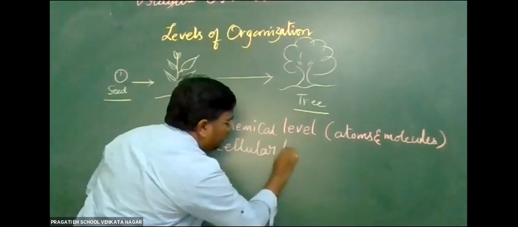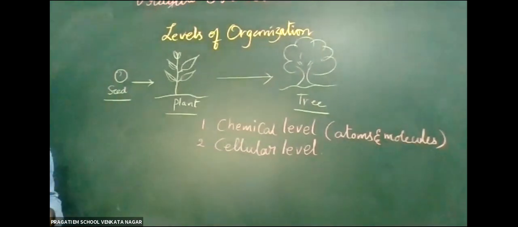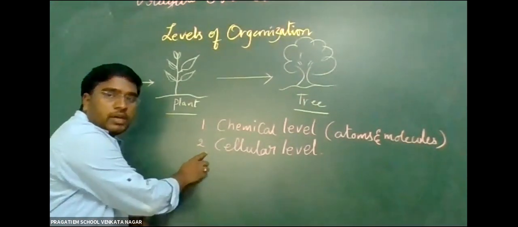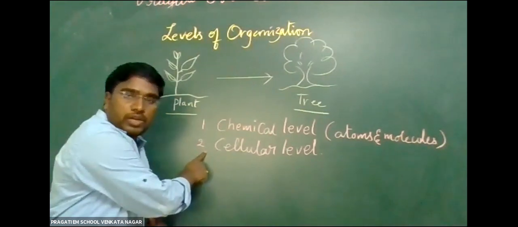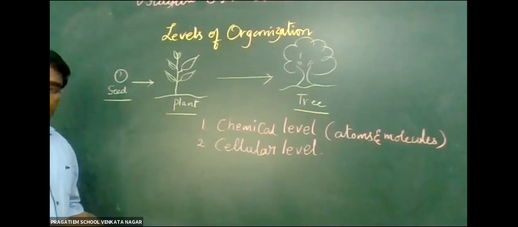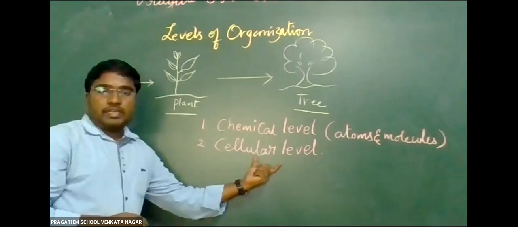The second step, which we discussed, is the cellular level. The second level of organization is the cellular level of organization. Here we discussed the cell, previously in the first class.